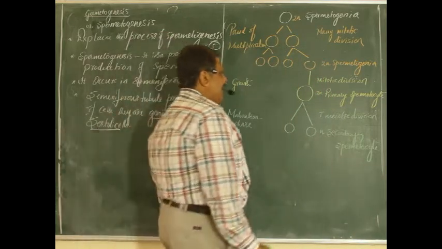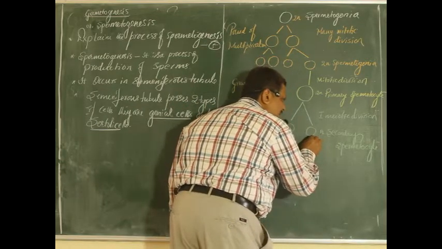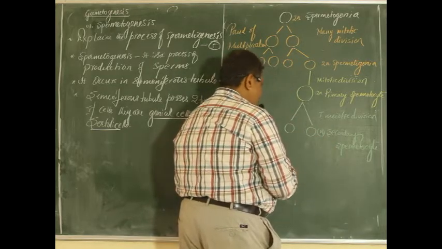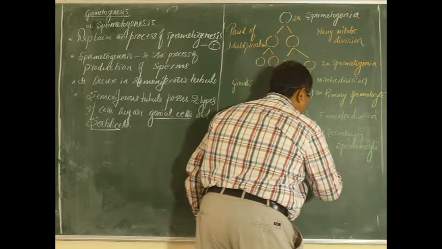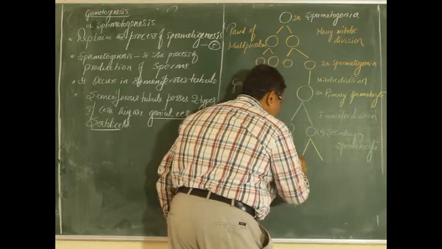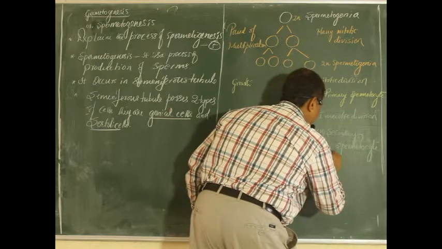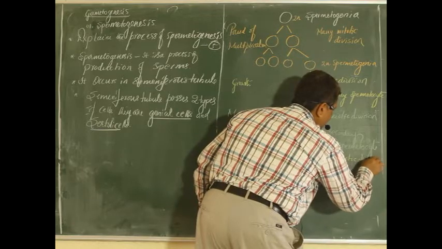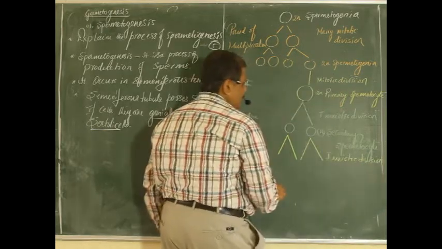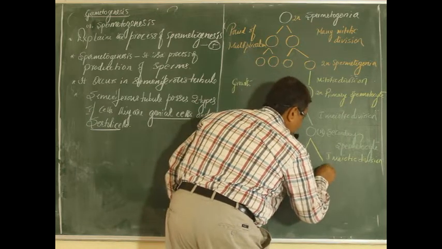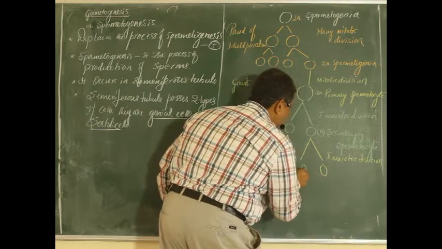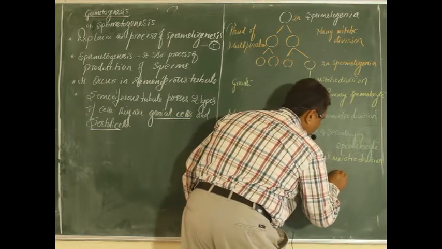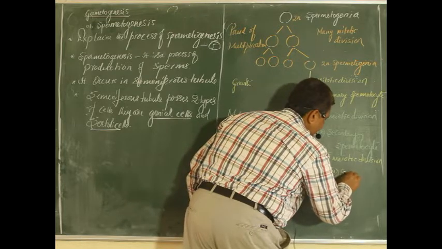This haploid secondary spermatocyte, once again it undergoes second meiotic division to produce haploid spermatids.